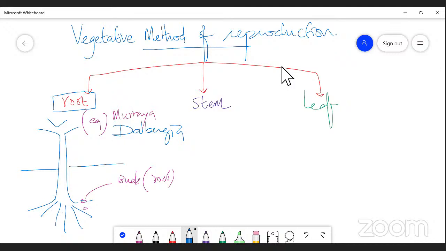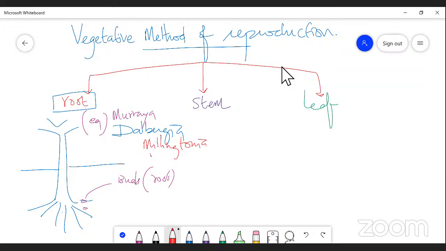And one more example is Millingtonia. The Millingtonia plant is also responsible for the formation of buds, the bud-like structures which arise from the root and develop into a new plant. So this is an example of vegetative reproduction from root.